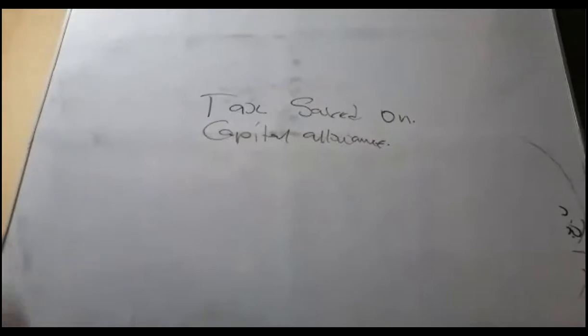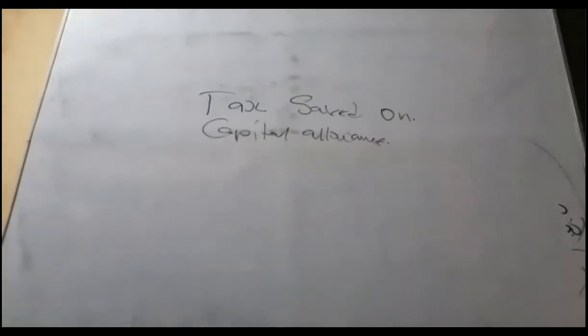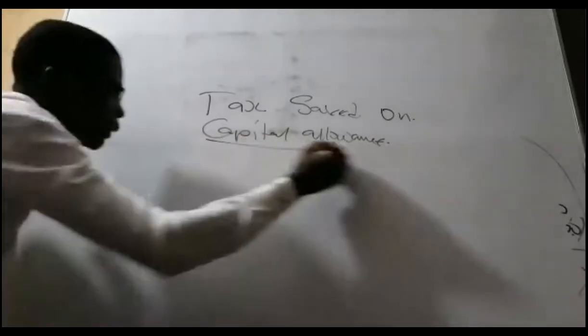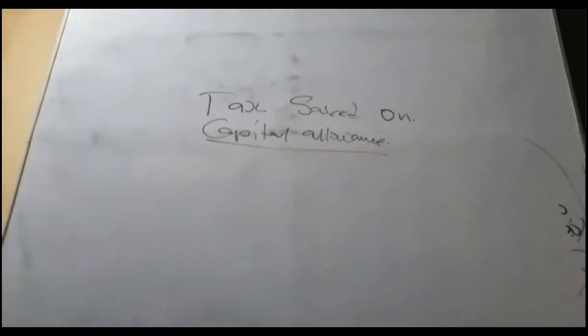Now the tax authority will not accept depreciation. But instead, they will grant what we call capital allowance. So that capital allowance will save you from paying certain taxes. So we have to include it as a plus.